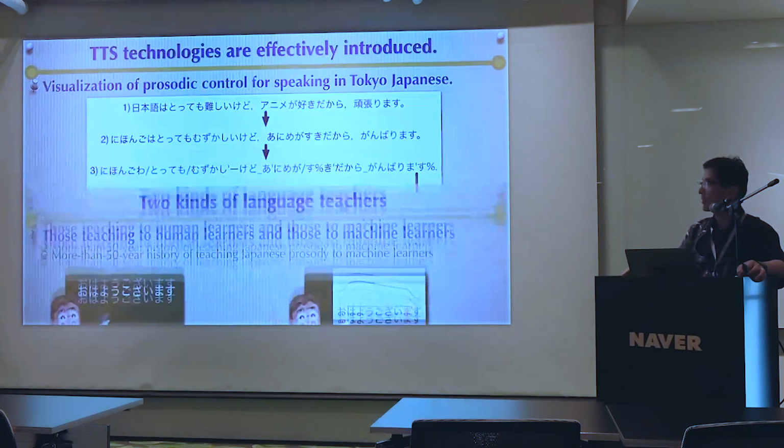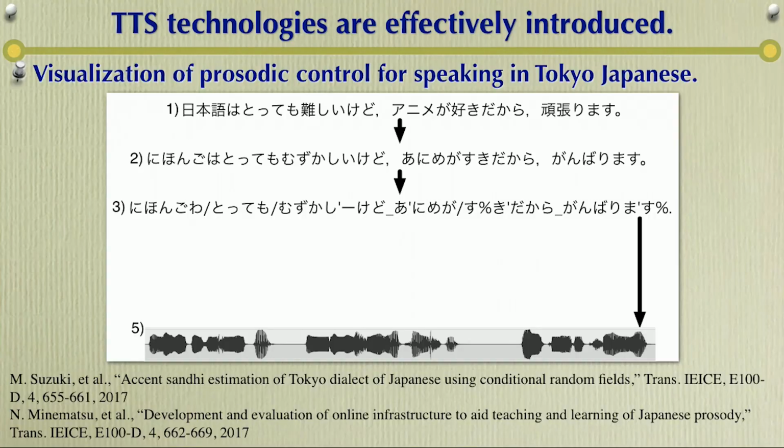This is the first project. This is a very brief introduction of how Japanese text is converted to speech waveforms. This is the input text. It contains Chinese characters, and simpler forms, hiragana or katakana letters. Hiragana and katakana represent only sound, but the Chinese characters represent meaning and sound.